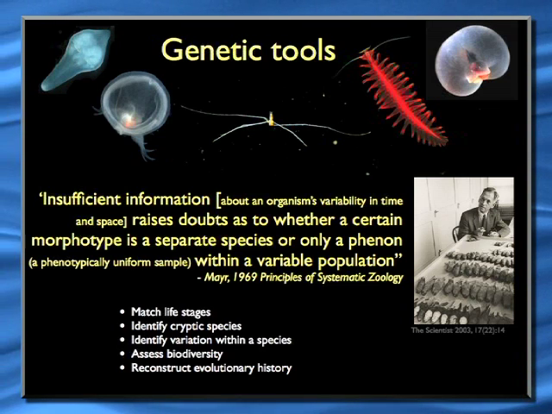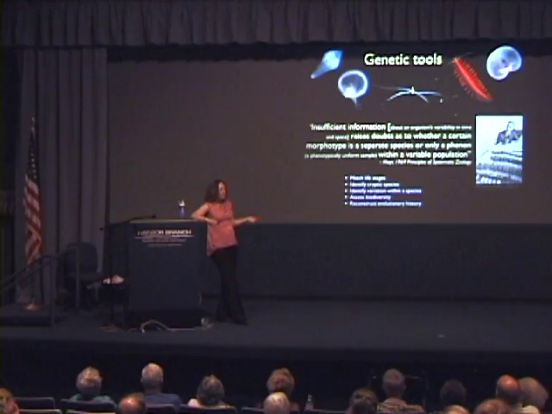Genetic tools now allow us to match up different life stages. In pelagic biology or in deep sea biology, you often only have one specimen from one place, one specimen from another ocean basin. Are they similar enough to be the same thing? Are they parts of the same animal, different life stages? You don't know when you only have just a couple. You need a whole bunch of samples to fill in all the gaps in between that.